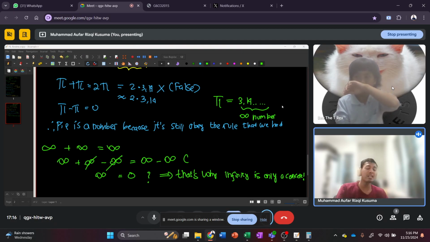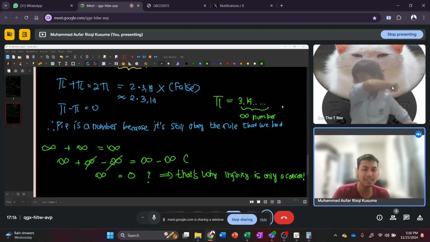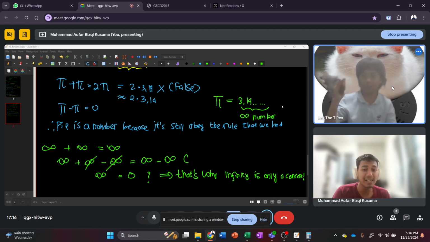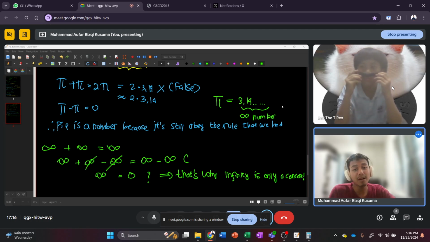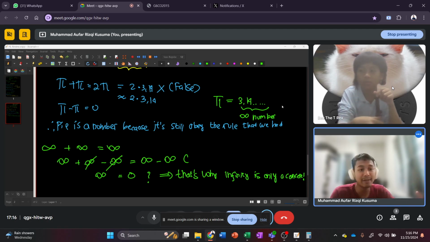But of course, we still don't know yet whether pi is really an irrational number or not. So it's still being searched. But we assume that we cannot represent pi with natural numbers. So pi is just pi. That's what we call an irrational number.